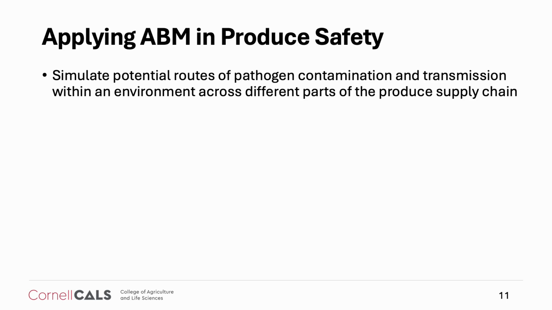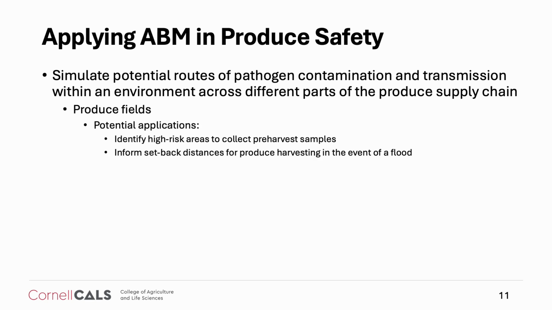Now that we saw how ABM can be applied in different fields, let's learn how ABM can be applied in produce safety. ABM can be mainly used to simulate potential routes of pathogen contamination and transmission within an environment across different parts of the produce supply chain. For produce fields on a pre-harvest level, ABM can be helpful when identifying high-risk areas to collect pre-harvest samples or inform setback distances for produce harvesting in the event of flood.